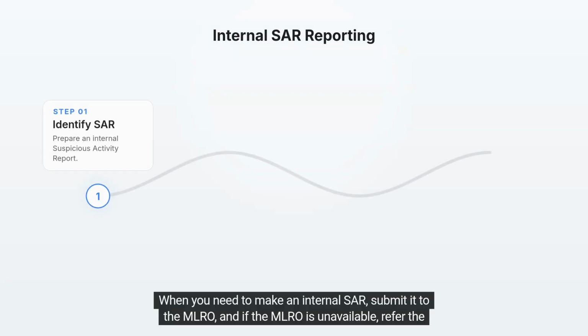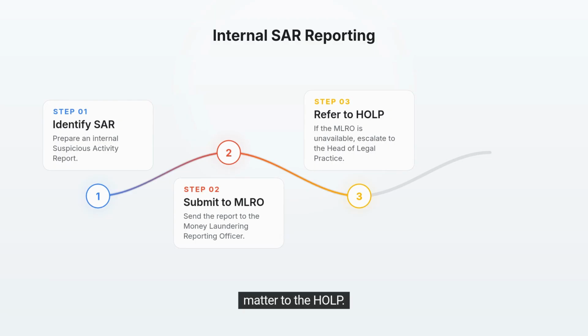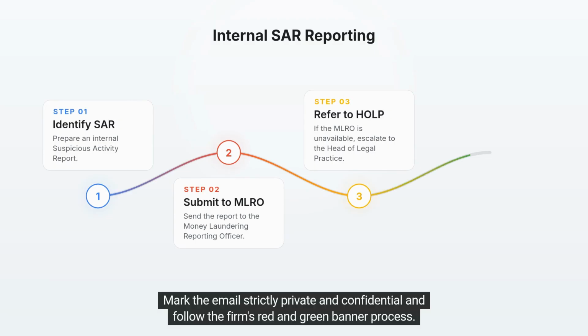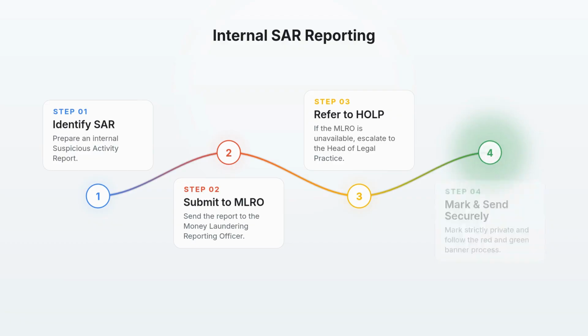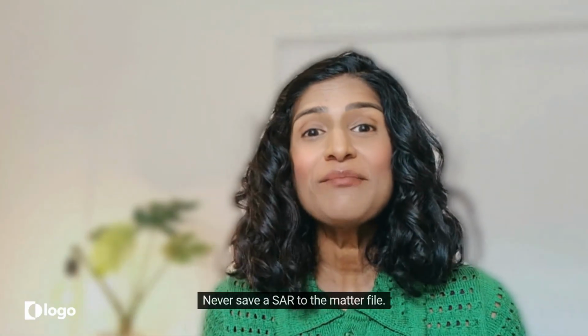When you need to make an internal SAR, submit it to the MLRO, and if the MLRO is unavailable, refer the matter to the HOLP. Mark the email strictly private and confidential, and follow the firm's red and green banner process. Never save a SAR to the matter file.